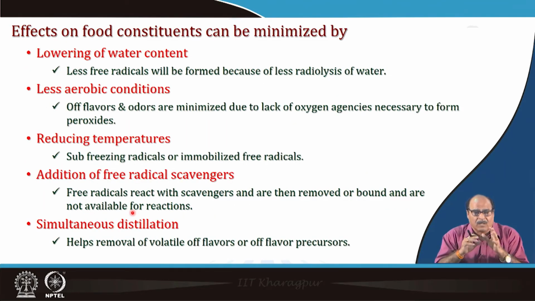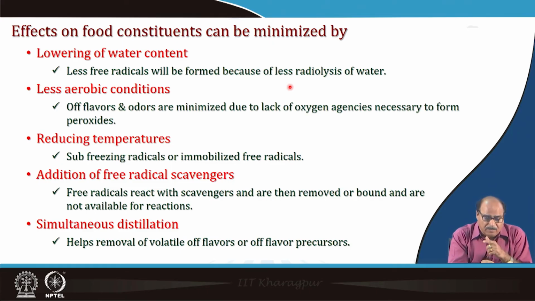Okay. So, these effects, that is, the effects of ionizing radiation on food constituents, can however be minimized by lowering the water activity. Fewer free radicals will be formed because of the radiolysis of the water. So, irradiation in the dehydrated state has been beneficial. Less aerobic conditions can be maintained in the irradiation facility, so that even oxidation-related changes will be minimized.